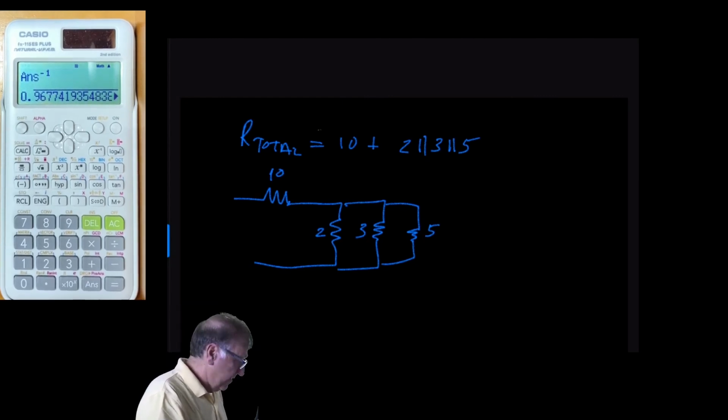Okay. So our total equals 10 plus 0.97, and that approximately equals 11 ohms.